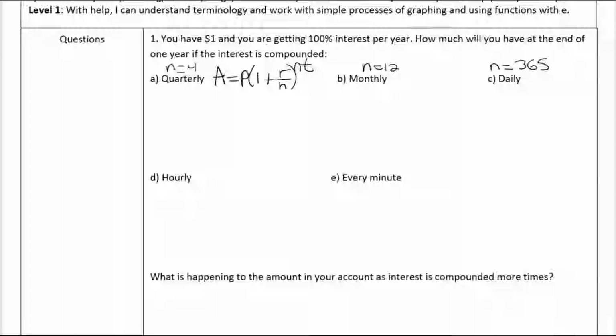Well, for hourly, you're going to have to convert that to how many hours there are in a year. So if you have 365 days in a year, and each day is worth 24 hours per day, well, if you multiply those, 8,760 hours.